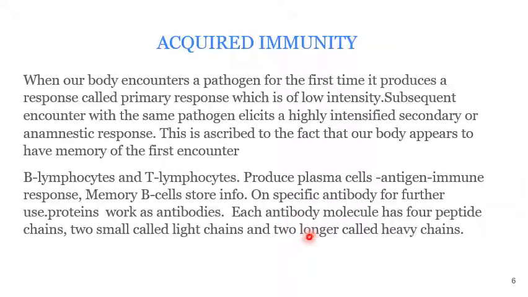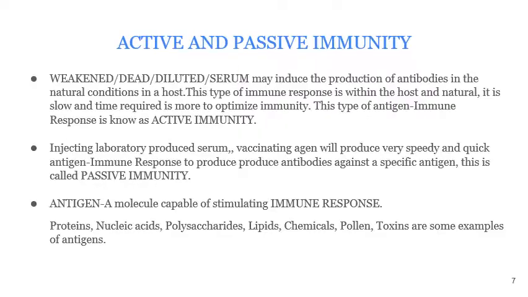But each molecule has four peptide chains: two small and light chains and two larger and heavy chains. That means every molecule of antibody has four chains made out of polypeptide.